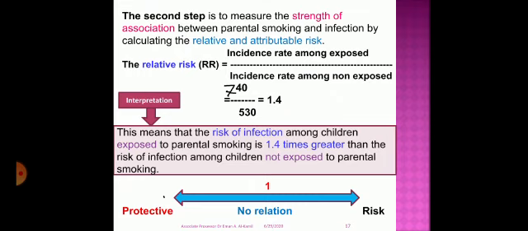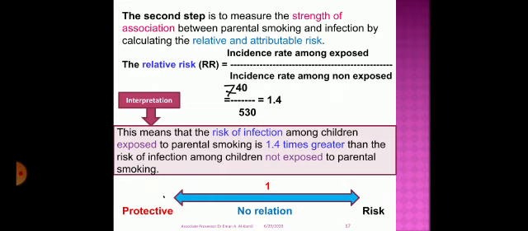Then we measure the strength of association by calculating the relative risk. We mentioned that the relative risk is the ratio between the incidence rate among exposed and the incidence rate among non-exposed, and it is equal to 740 divided by 530, which is 1.4.